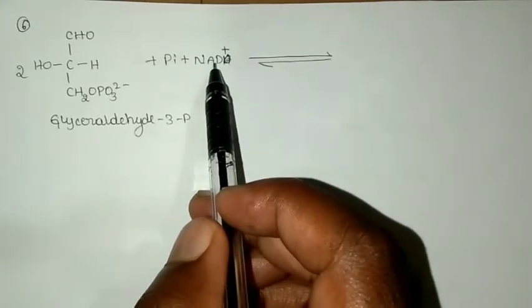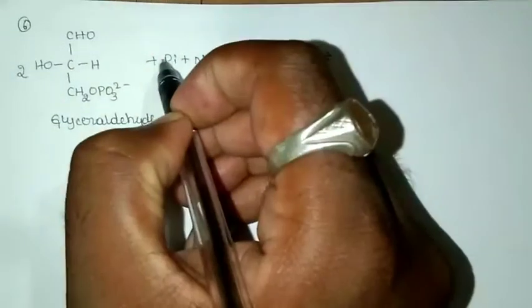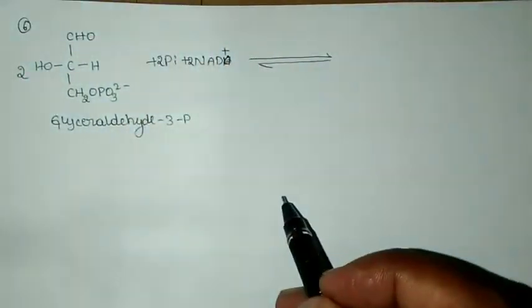So for 2 glyceraldehyde 3-phosphate molecules, there will be 2 inorganic phosphates and 2 NAD+.